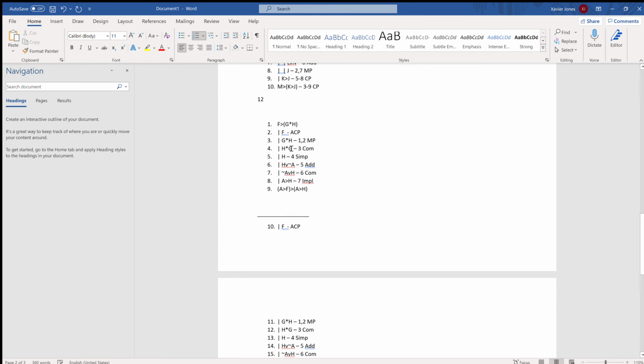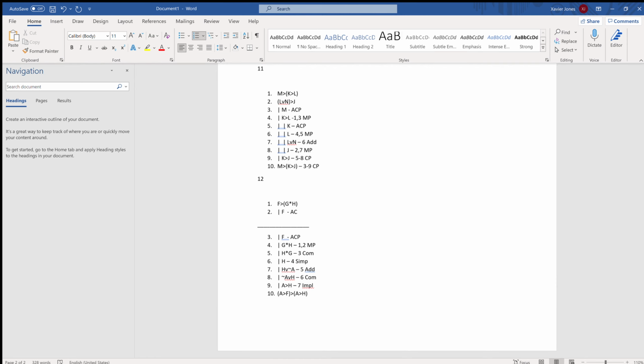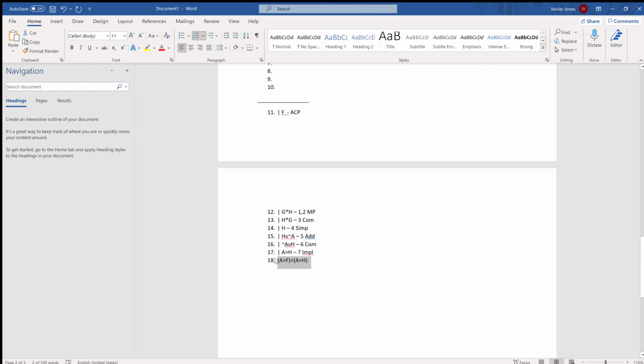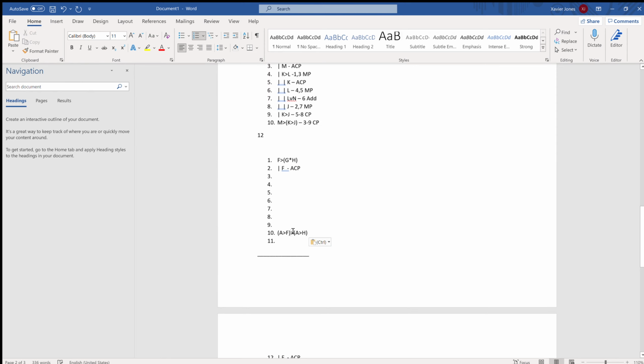Okay, so let's go back. Let's start from square one. Let's assume, and once again our goal is this here, so let me copy and paste this. Okay. Let's assume if not F, and see what we can do with that, right?